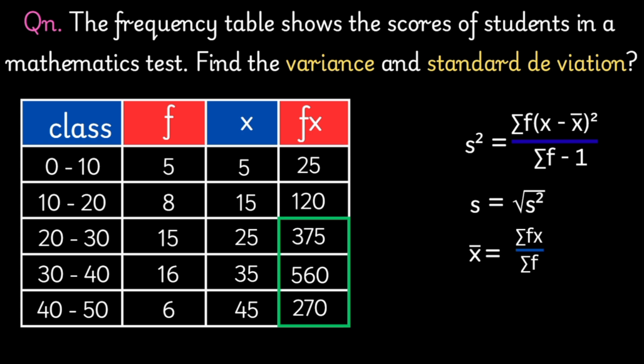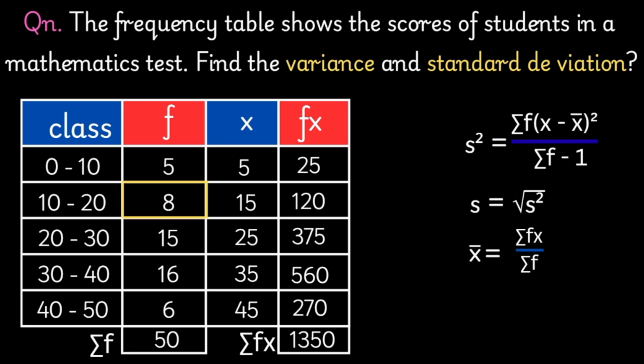Now to get the summation of fx, we add all the values in this column, that is 25 plus 120 plus 375 plus 560 plus 270, and that gives us a total of 1350. Then the summation of f, which is actually 50, we get by adding 5 plus 8 plus 15 plus 16 plus 6.